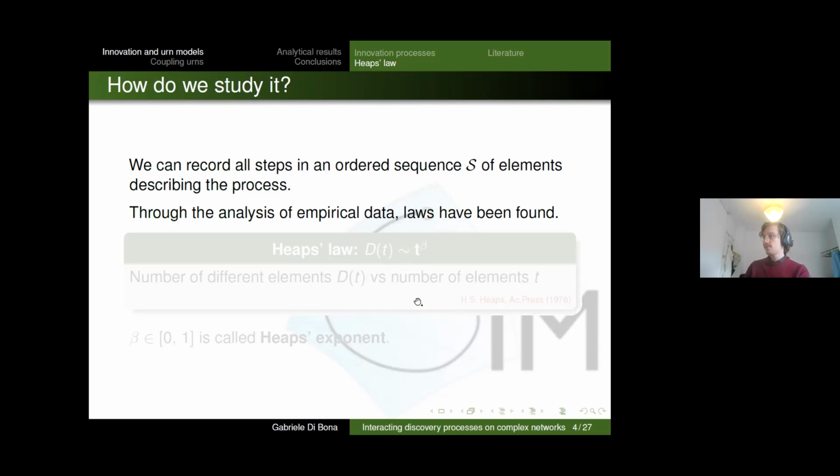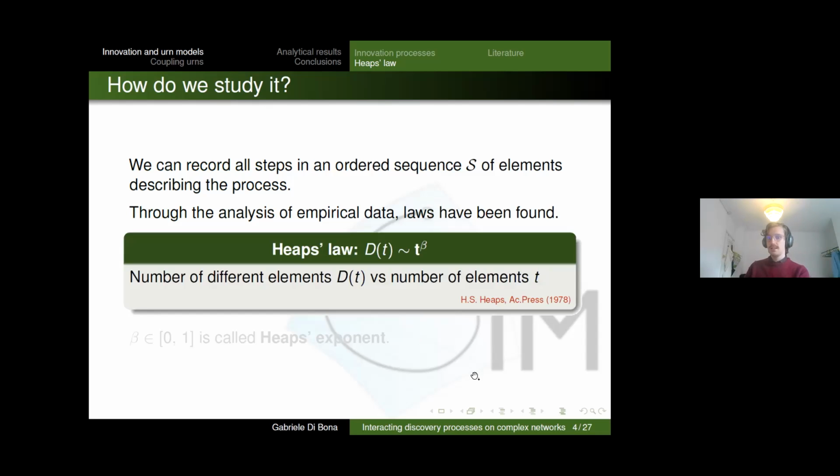But the most important one for this presentation is called Heaps' law, by Heaps. It's a correlation between the number of different elements that you can see in a sequence of elements. Basically, if you have a sequence of size t, you count how many different elements you have, so the set.